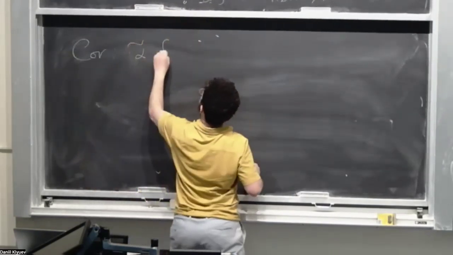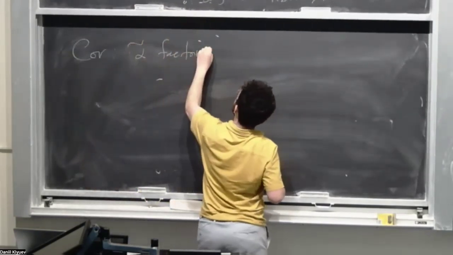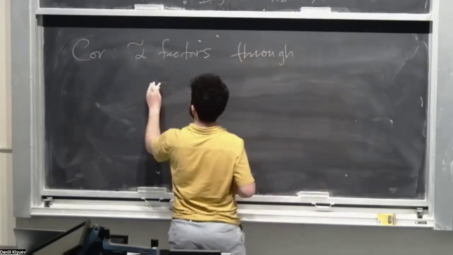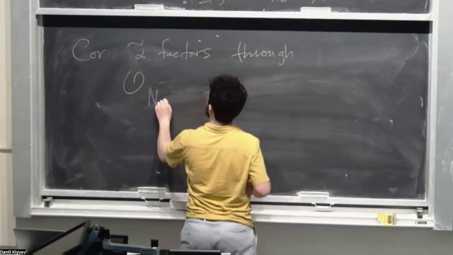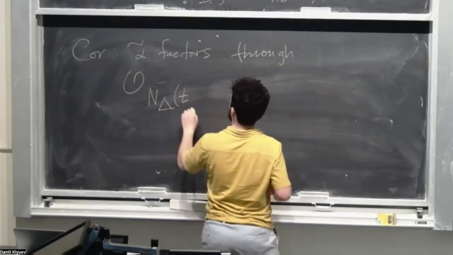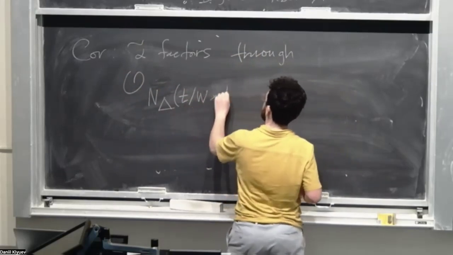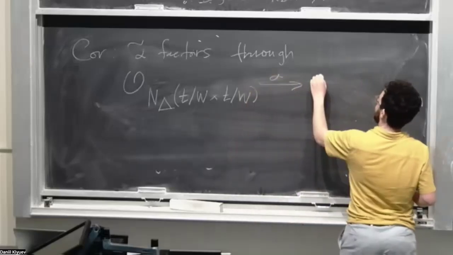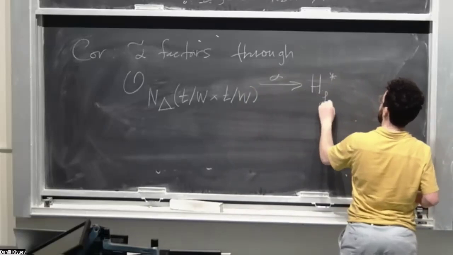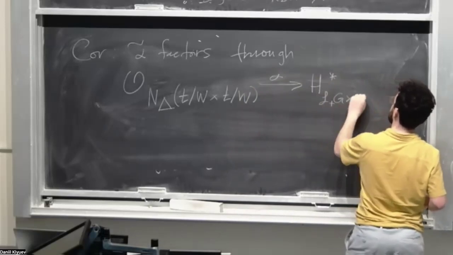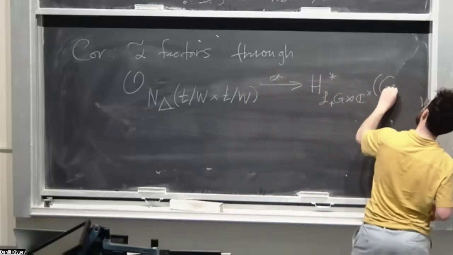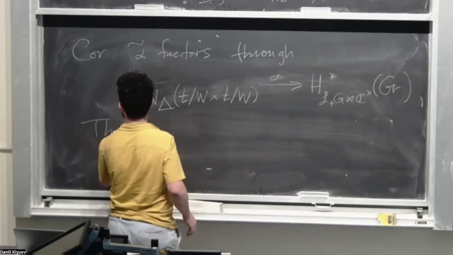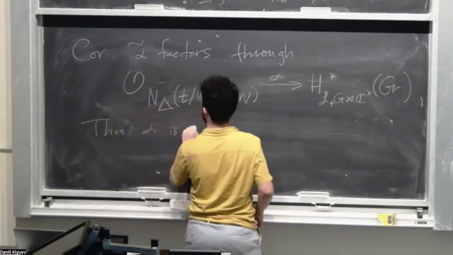So alpha tilde factors through the normal cone of the diagonal in T mod W and T mod W. And then theorem: alpha is an isomorphism.